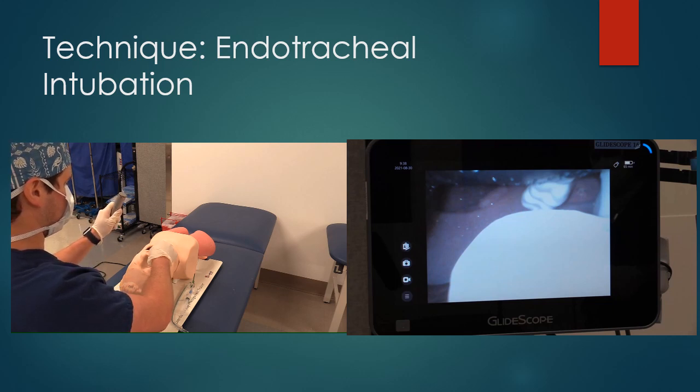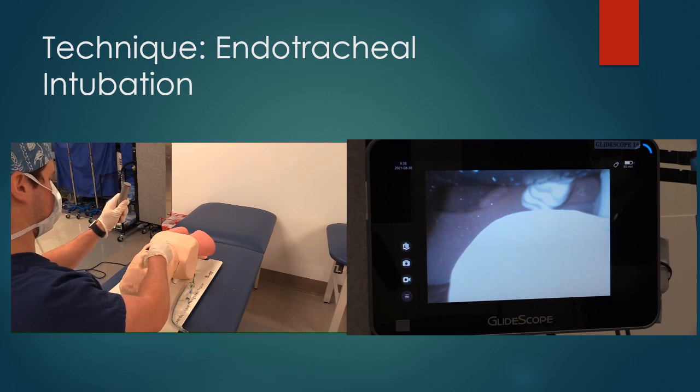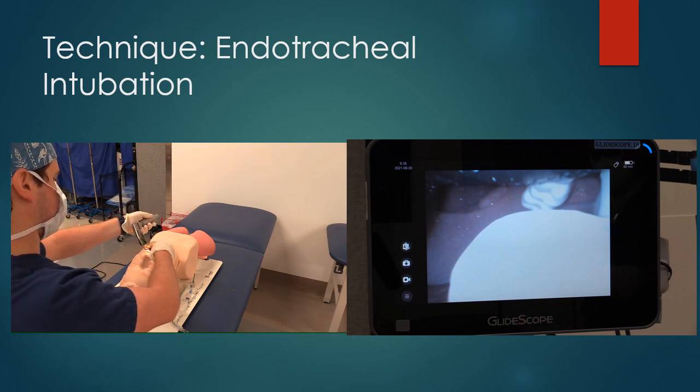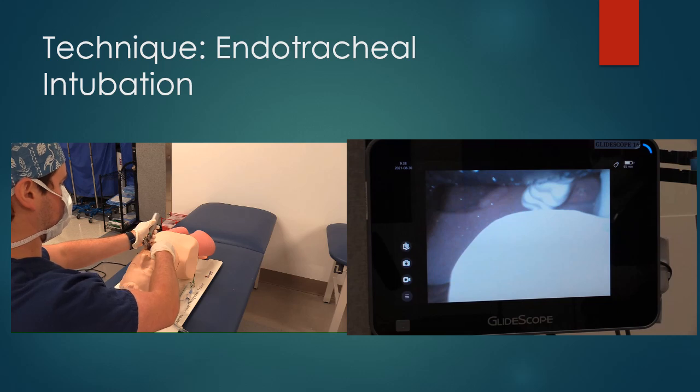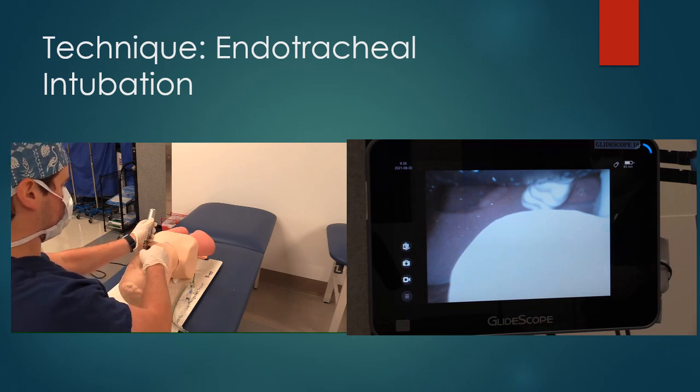In this case, we're going to demonstrate with a Mac 3 blade. You're going to gently insert that, making sure not to catch the lips or the teeth. You're going to gently pull the tongue towards the left side as you advance.